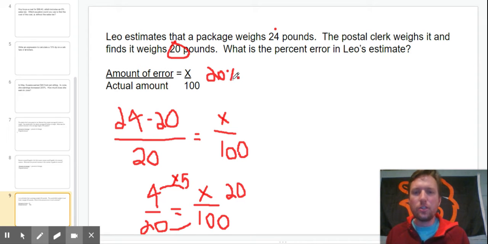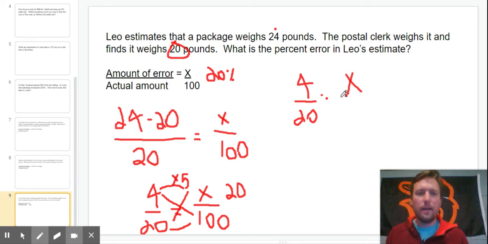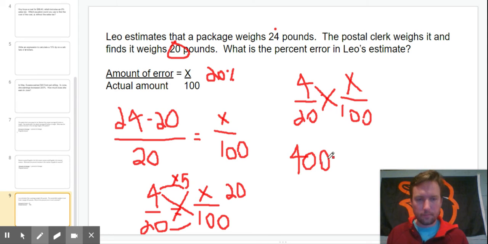Now, another way to solve this is to cross multiply. Same structure: 4 over 20 equals x over 100. I'm going to cross multiply, and when I do that, I do 4 times 100 and 20 times x. So that would be 400 equals 20x.